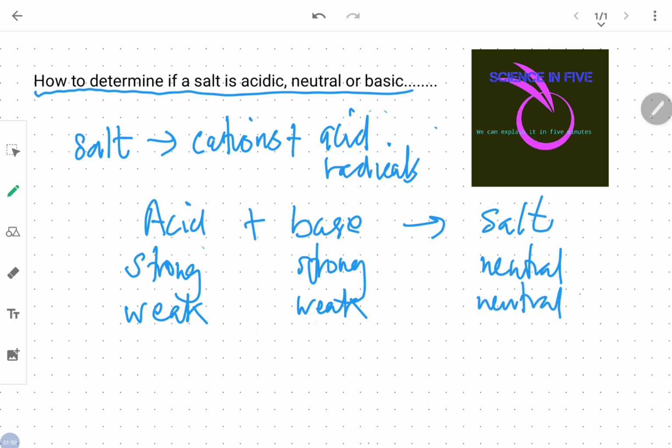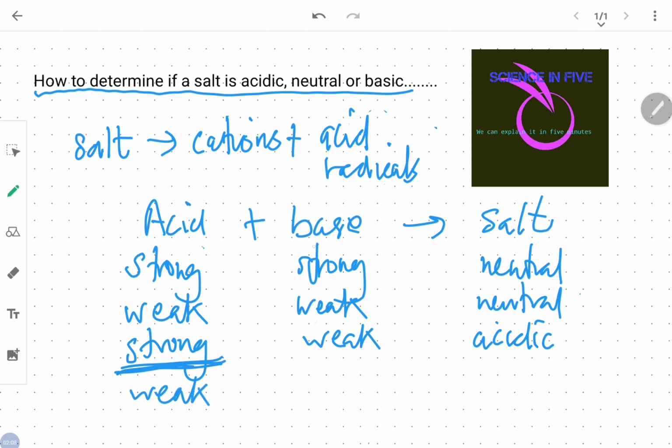However, if the acid is strong and the base is weak, then the strong acid influences proceedings and the salt formed will be an acidic salt. If we have a weak acid and a strong base, we're going to end up with a basic salt.